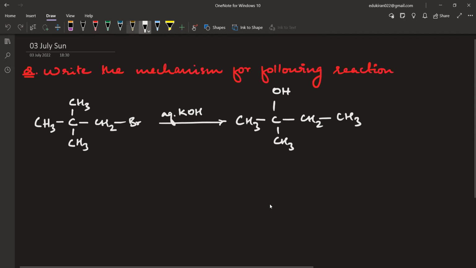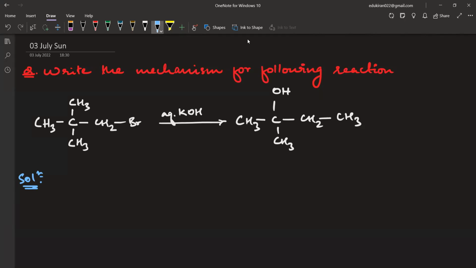In this reaction, when we write the mechanism, first of all we will see this example that we have written, where we said that neopentyl bromide or neopentyl chloride, neopentyl halides, will not go SN2.